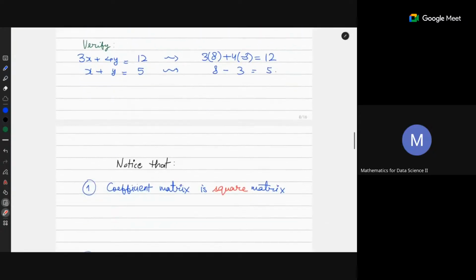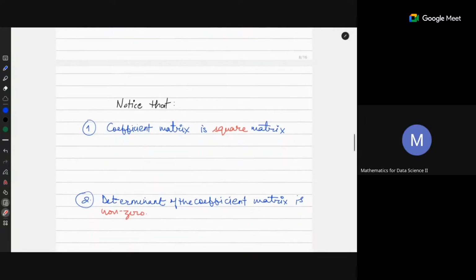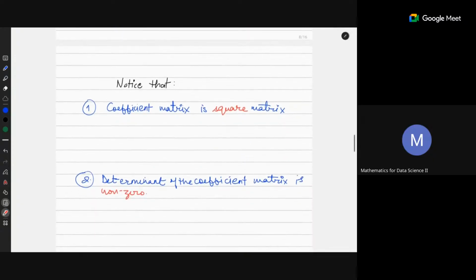Now we are in a position to write down the necessary conditions that we saw. First of all, we notice that the coefficient matrix is a square matrix, which means the number of equations was the same as the number of variables.